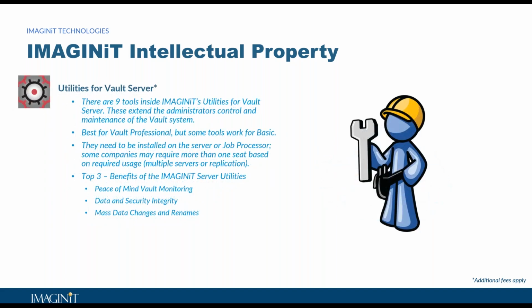When we start talking about the server side, the IMAGINiT server utilities are an additional set of tools. These are for purchase, so they will be added to whatever server you happen to run your Vault from, and they can also be added to a job processor for some additional capabilities there. They allow you to take advantage of not only a simplified backup process, but also being able to extract and modify large quantities of data.